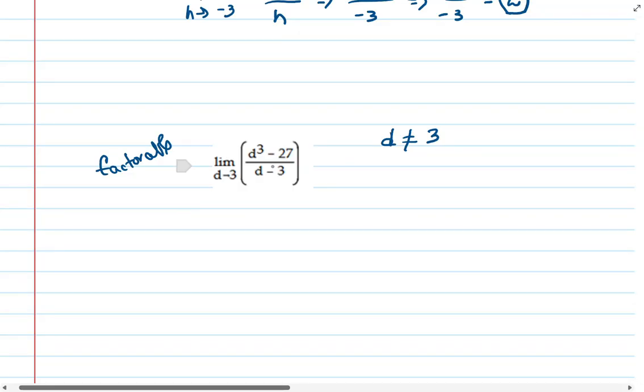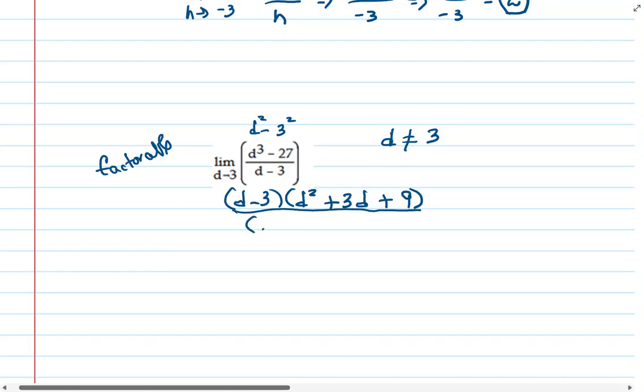In our numerator, we have a cubic, d cubed minus 27. So I would have d minus 3 times the square of the first term, opposite sign, their product, plus the square of the last, all over that denominator. The denominator terms cancel out, so we have another removable point.